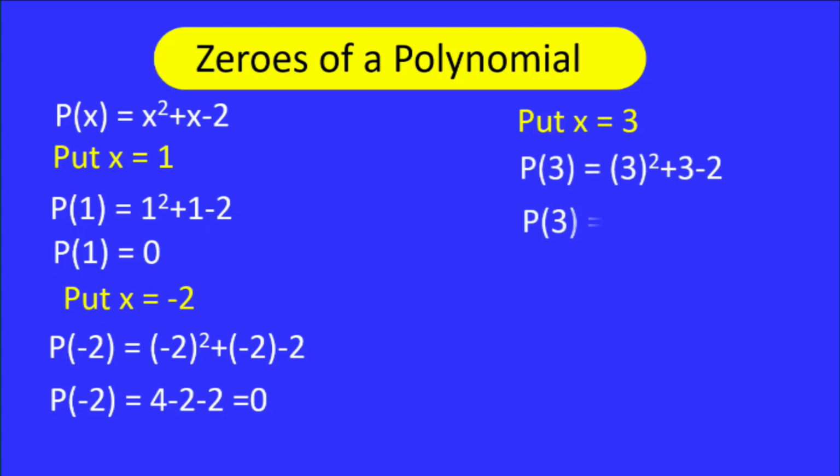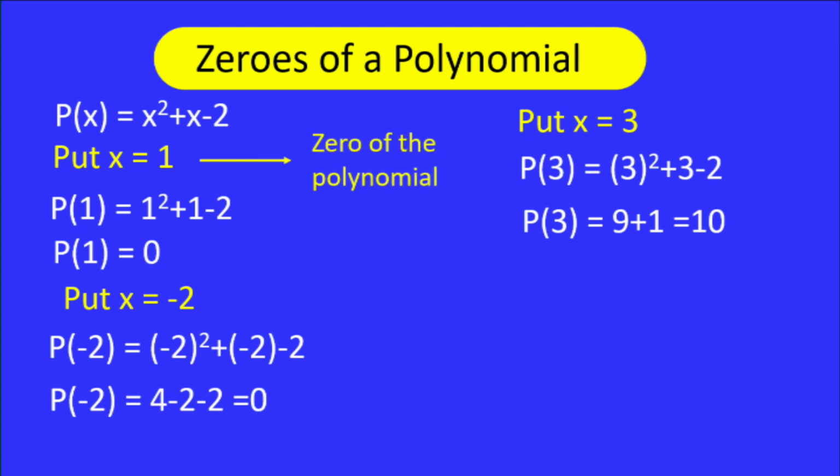Try to substitute any other value instead of x here. Replace x with 3, then we will get the answer 10. But in the first two cases, when we substituted x is equal to 1 and x is equal to minus 2, those are zeros of the polynomial, because we obtained the value 0 here.